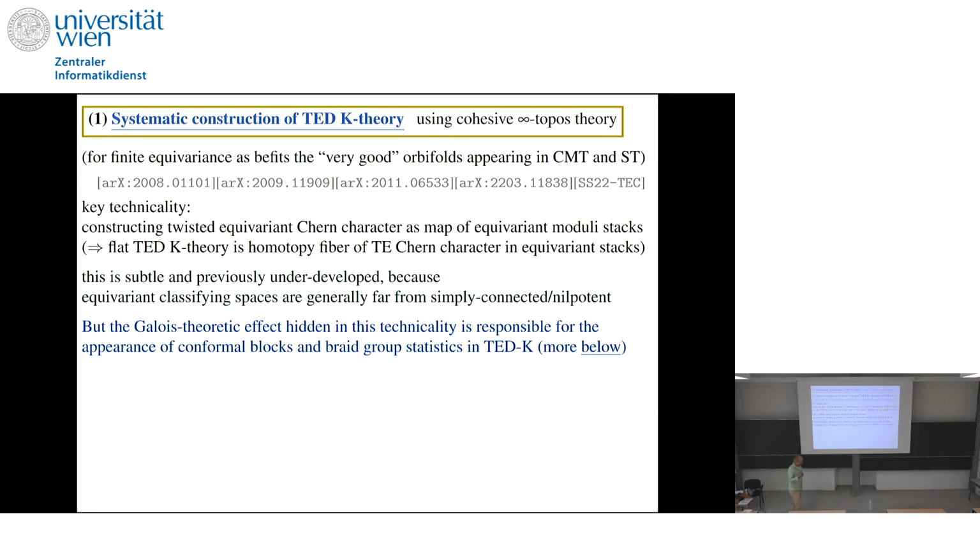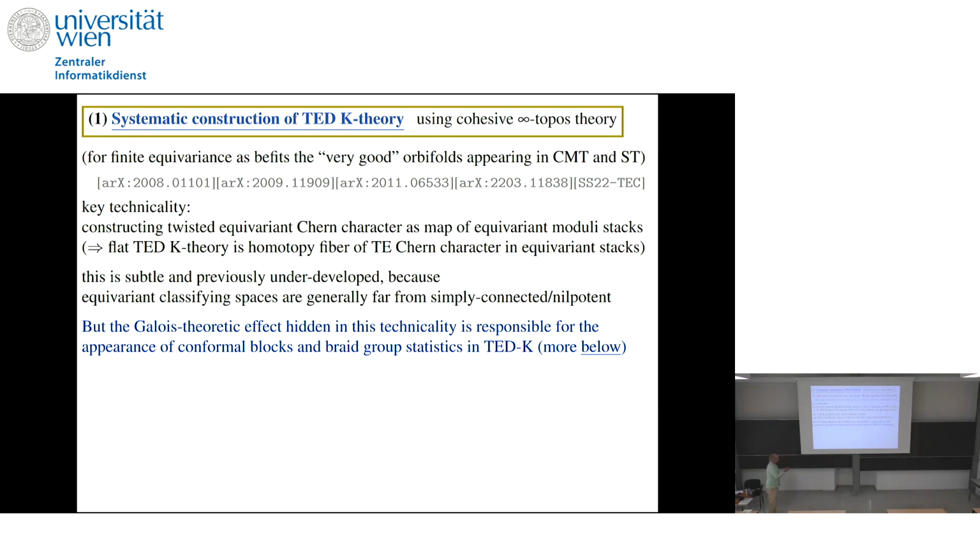There's a Galois theoretic effect hidden in this, in the fact that once you are looking at cohomology theories twisted and equivariantly, everything has a pi1 action of the classifying space. That means that there's a Galois theoretic effect everywhere. Everywhere where previously you just had differential forms, there's now actually a finite group acting, in addition to the equivariance group. This comes, at each stage in the equivariance construction, from deck transformations of the classifying space.